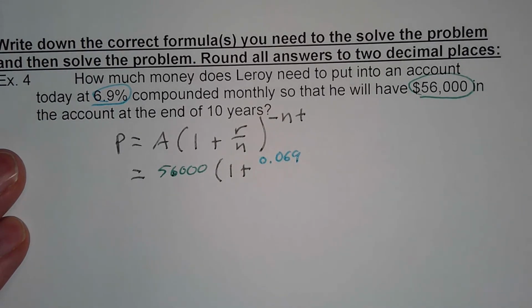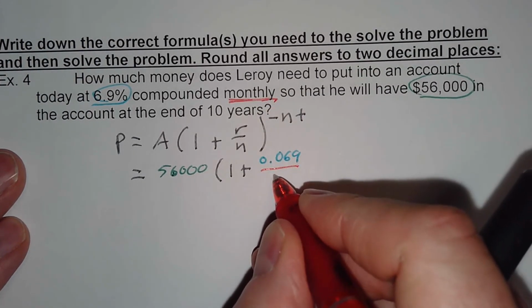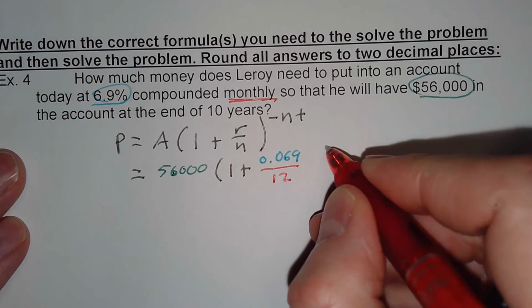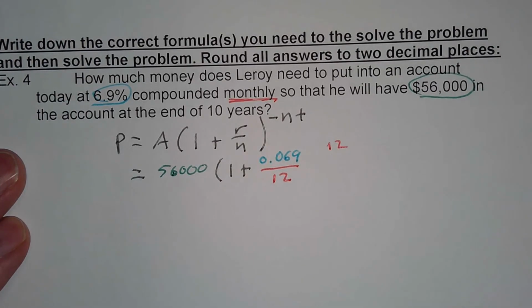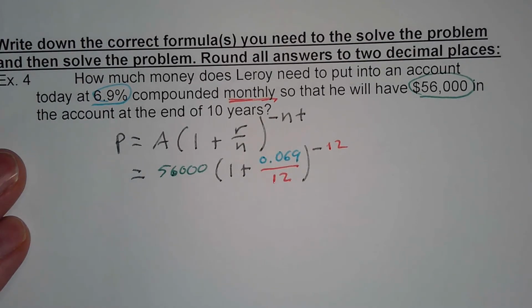And we said this is compounded monthly. So that means N is 12. And we're doing this for, looks like we're doing it for 10 years.